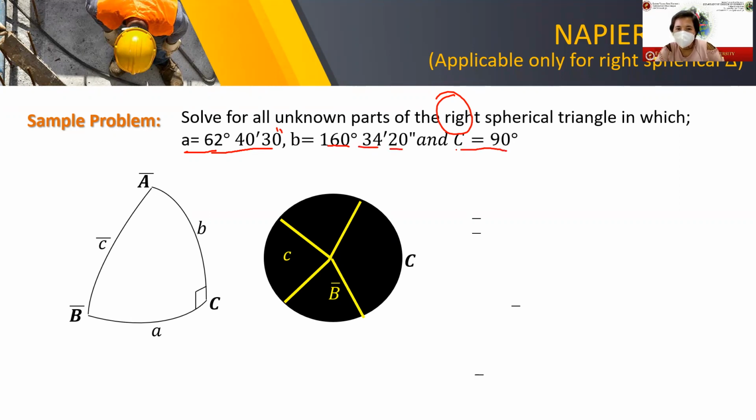And we have here our angle C, which is equivalent to 90 degrees. Now, we are going to look for the remaining parts, which are the angle B, angle A, and angle C.